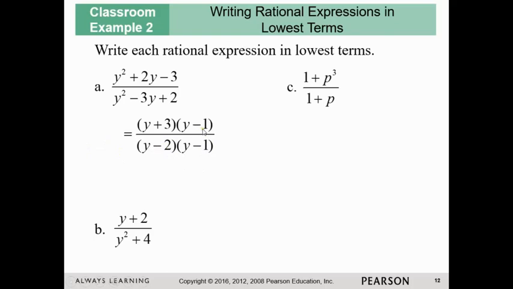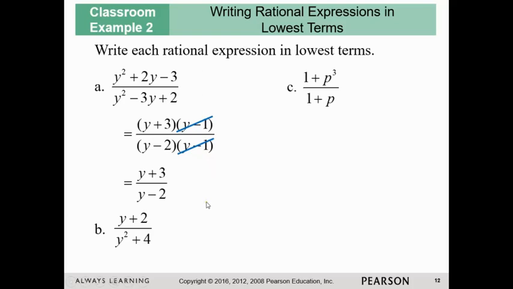We have y minus 1 as a common term. So what we're going to do here is cancel those out. And what we have now is this expression written in lowest terms: y plus 3 over y minus 2. Once again, we canceled out the common factor.